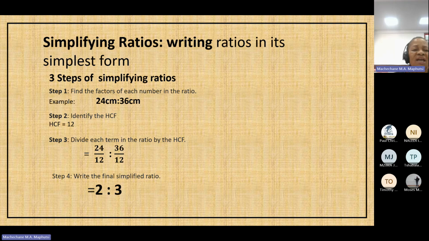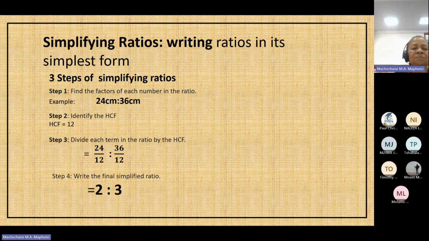Don't forget we did the highest common factor yesterday, so you know how to find it. Then you have to divide each part of the ratio by the highest common factor, which will be 24 divided by 12 is to 36 divided by 12. Then finally, you have to simplify because we are simplifying ratios. So your answer will finally be 2:3.